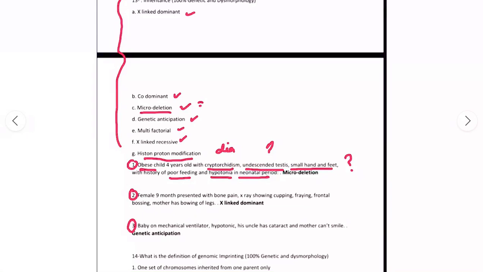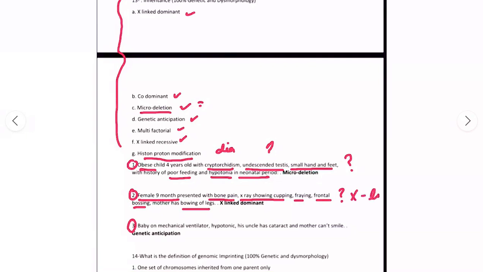Okay, next. A 9-month-old female presented with bone pain. X-ray shows cupping, fraying, frontal bossing. Mother has bowing of her legs. What is your diagnosis here? Yes, this is X-linked hypophosphatemic rickets.